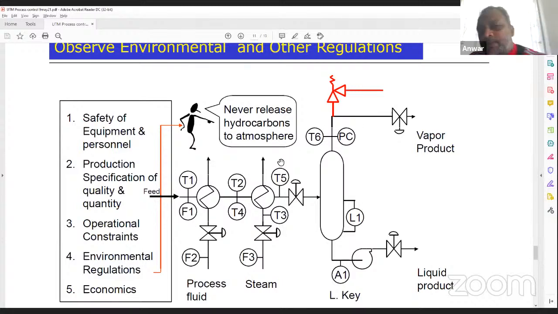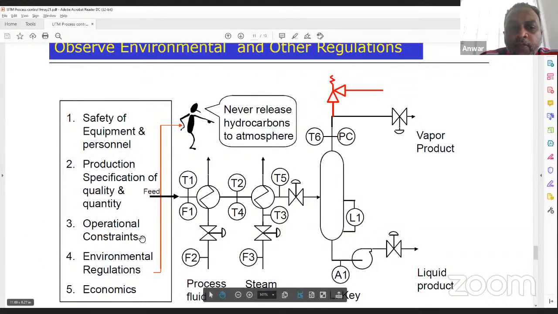We can have many examples here. Why we shouldn't release, because all these chemicals are hazardous, and also it will impact whoever is living in the environment.